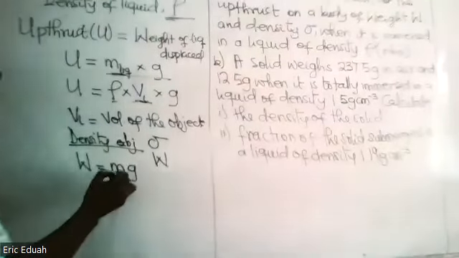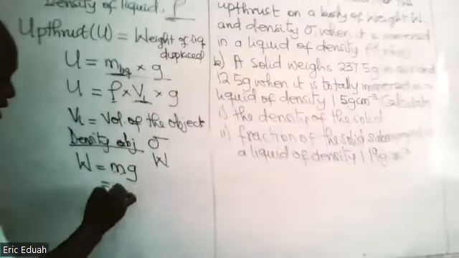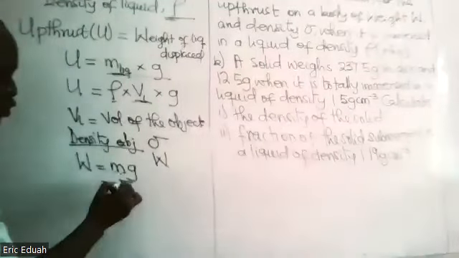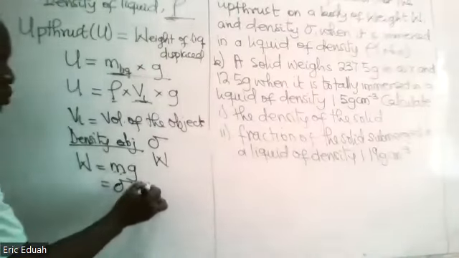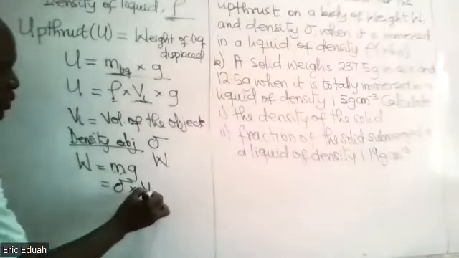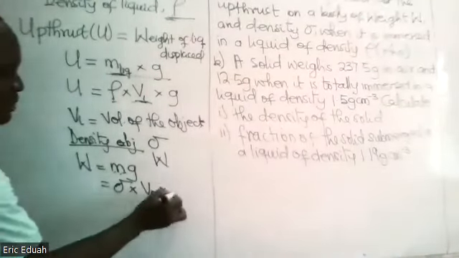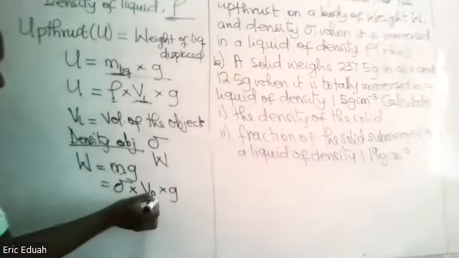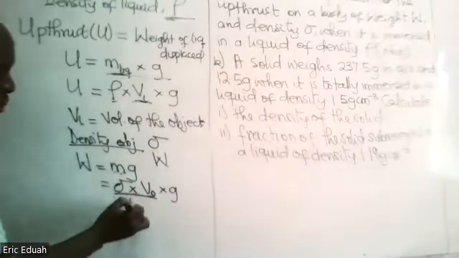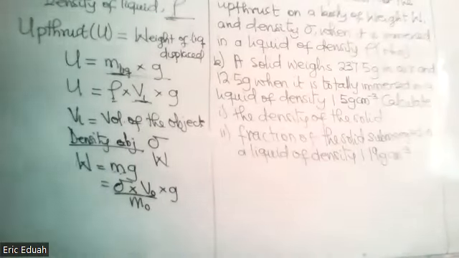The mass is density times volume. So we have sigma, given to us as the density of the body, times the volume of the object, which we don't know. Please, this is equal to the mass of the object.